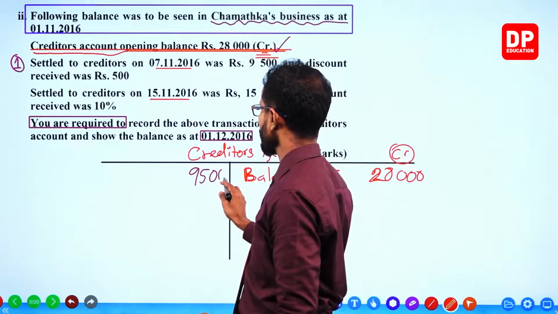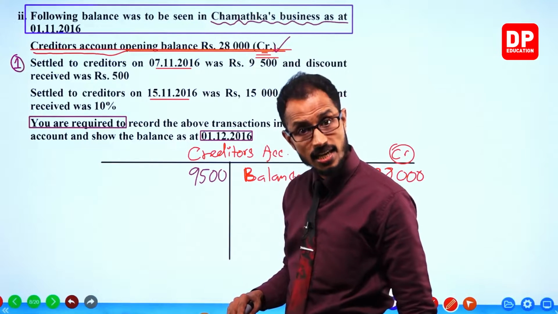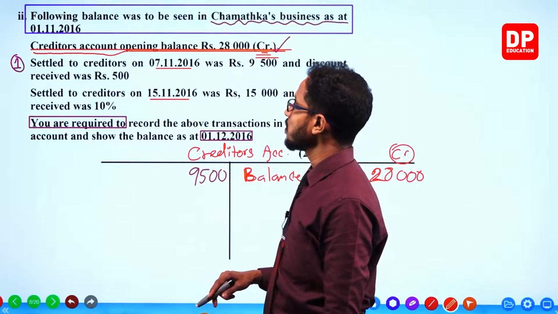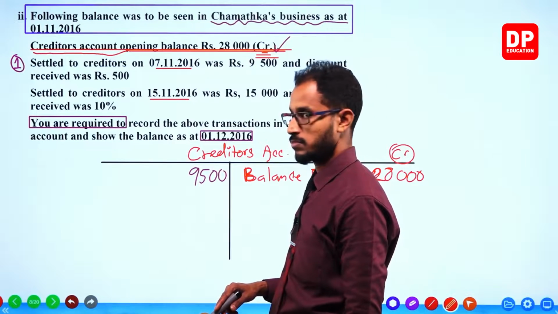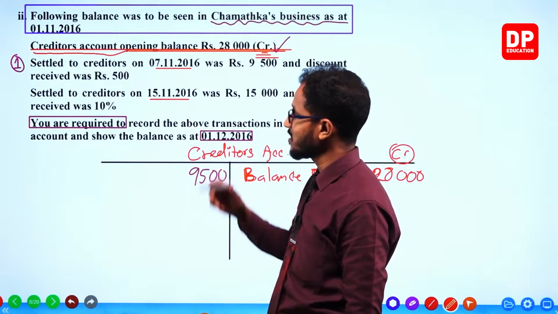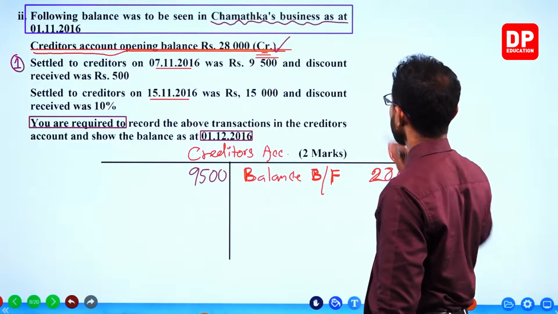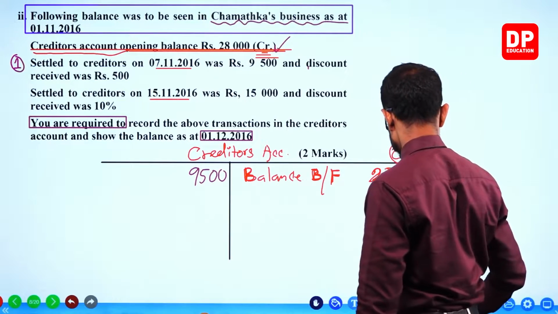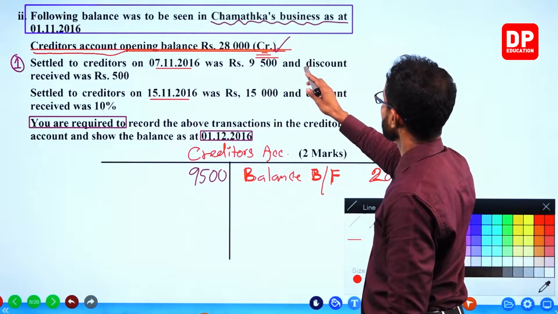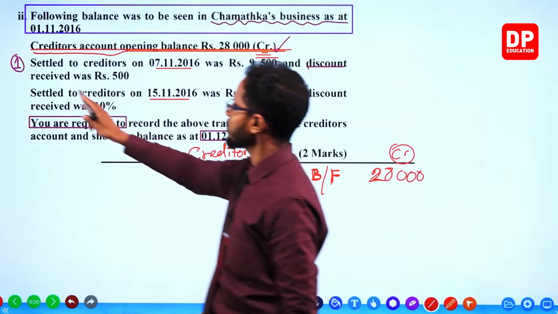This creditors account should be debited 9,500 and there is a cash discount. Can you see this discount received?